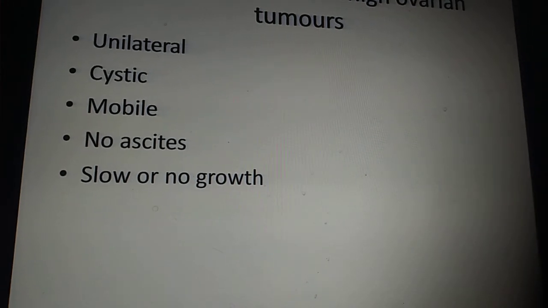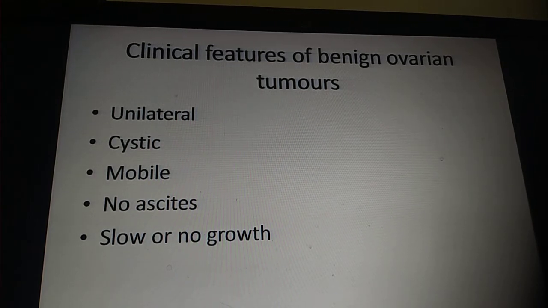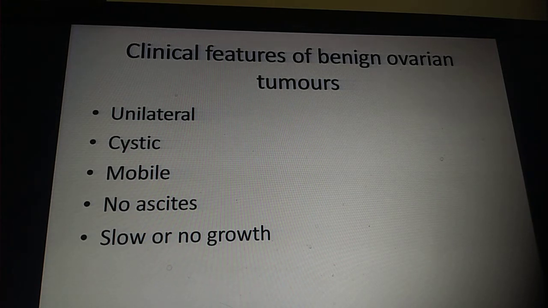Now clinically, should we talk about the clinical features and then go to the ultrasound features? Anyway, how do we clinically distinguish between benign and malignant ovarian tumors? Just keep in mind what the ultrasound picture is. Clinically, generally it will be unilateral, cystic in consistency, mobile, with no ascites.